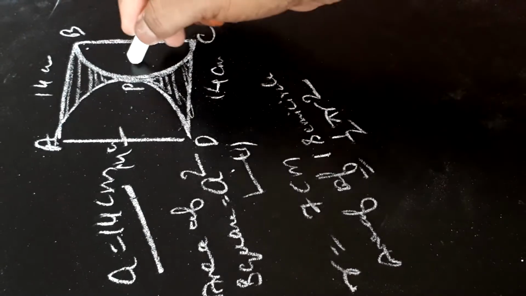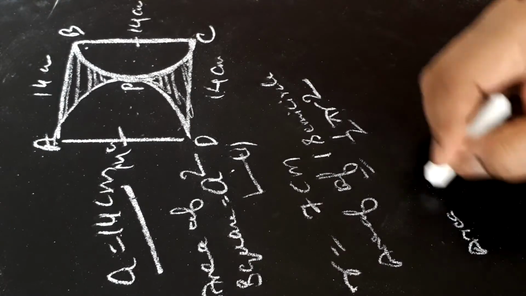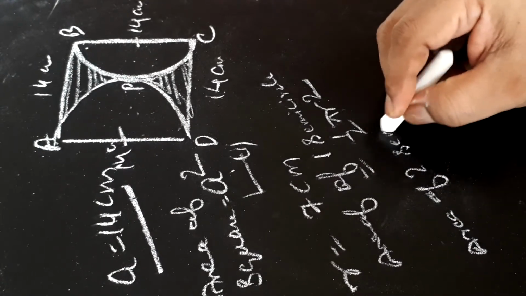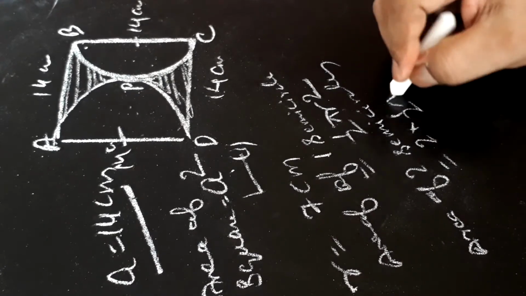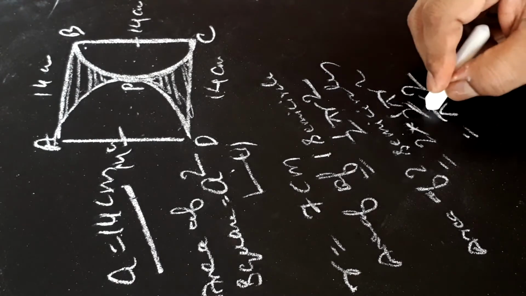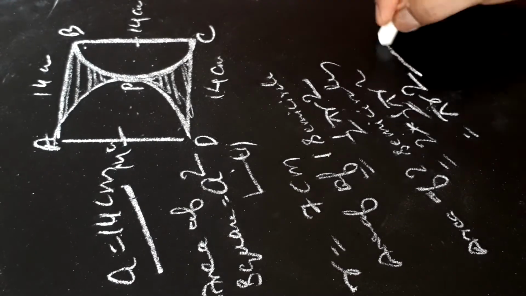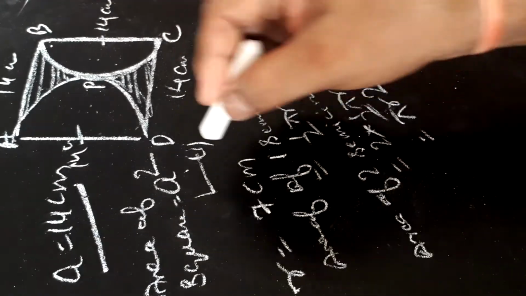We have to find the area of both semicircles, so we multiply it by 2. Area of two semicircles, 2 into half pi r square, 2 cancels, we will get pi r square. In place of r we will put 7 and solve it. Let it be 2. Now area of shaded region will be this 1 minus 2.